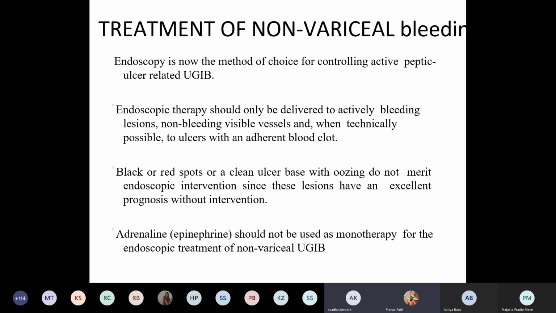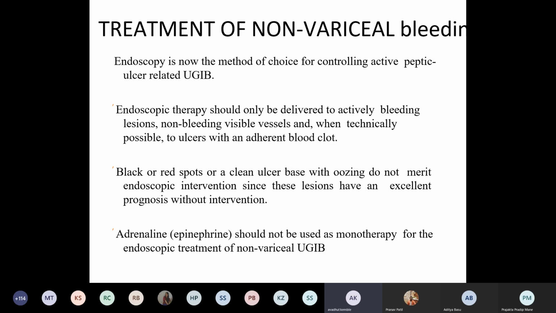Now, what is the treatment of non-variceal bleeding? Non-variceal bleeding, as I told you, is acutely present. It could be peptic ulcer, gastric ulcer, esophageal ulcer, esophagitis. Now, endoscopy is the method of choice, the most common choice for controlling active peptic ulcer related upper gastrointestinal bleeding.